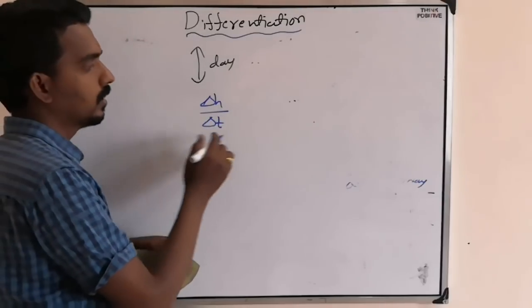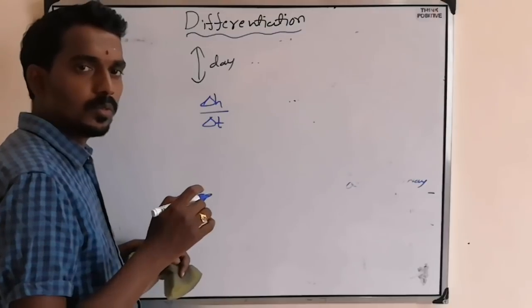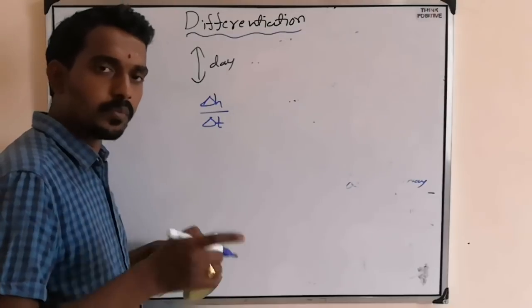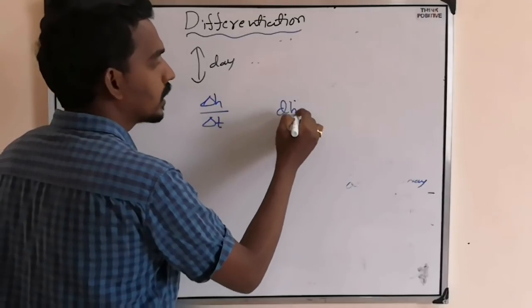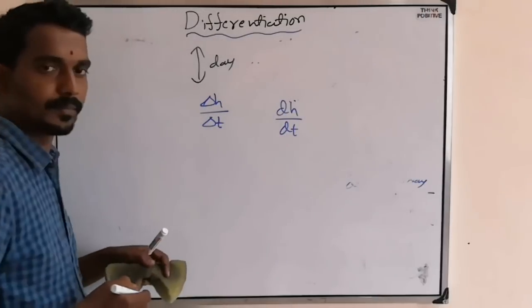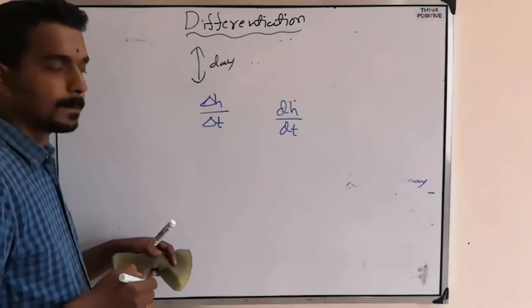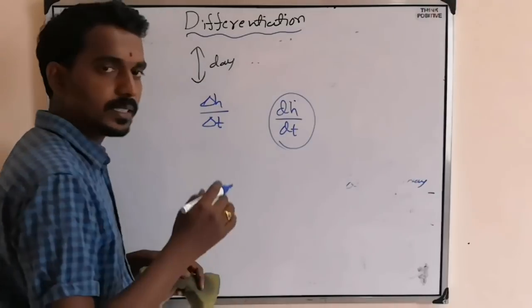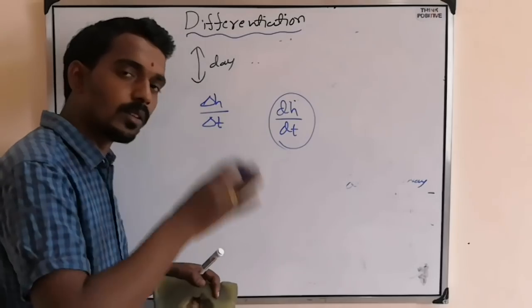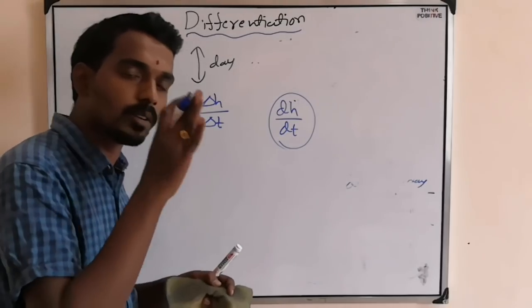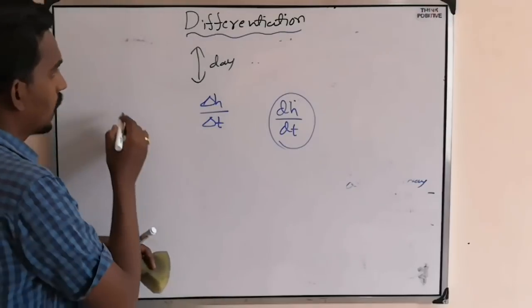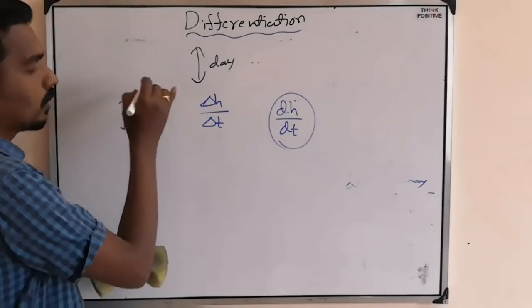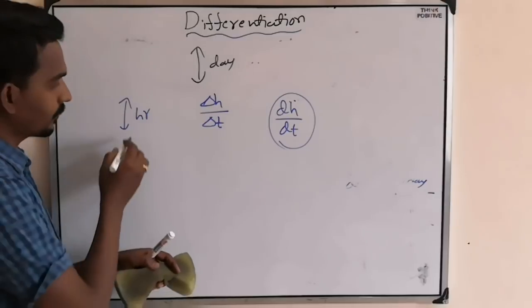Now, at 1 pm or at 4 pm, that means in 1 hour if you consider, that is dH by dt, the rate of change in your height at that particular instant, called instantaneous change. Or else you take 1 hour as average.